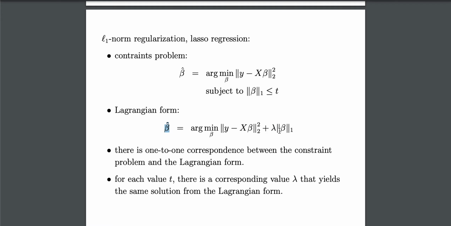So the value of lambda itself doesn't have any meaning for us. Once we find the lambda that minimizes cross validation, we just plug it in here and we use it to get our beta hat. But we do not make any interpretation about lambda, the value of it is not really important.